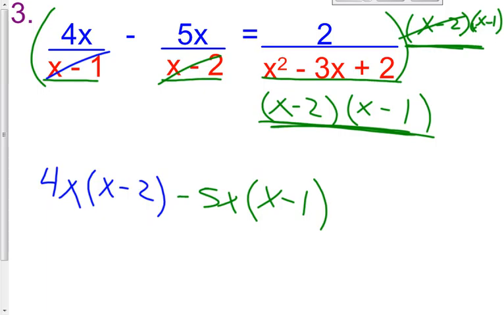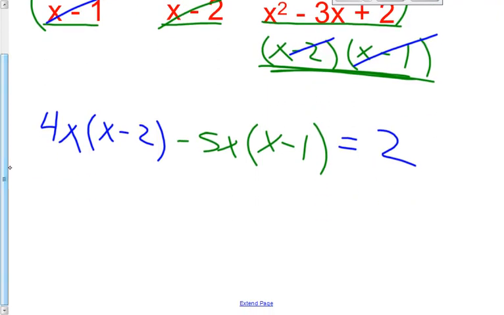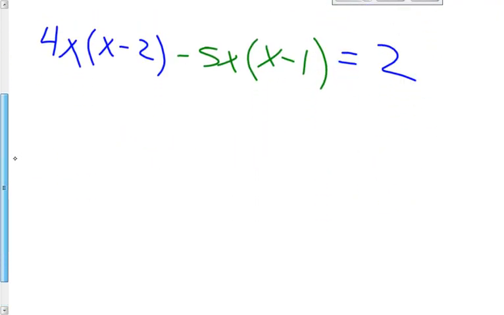And then for our third one, the x minus 2's cancel, and the x minus 1's cancel, so all we're left with is a 2 on the right side. Hopefully that makes sense.